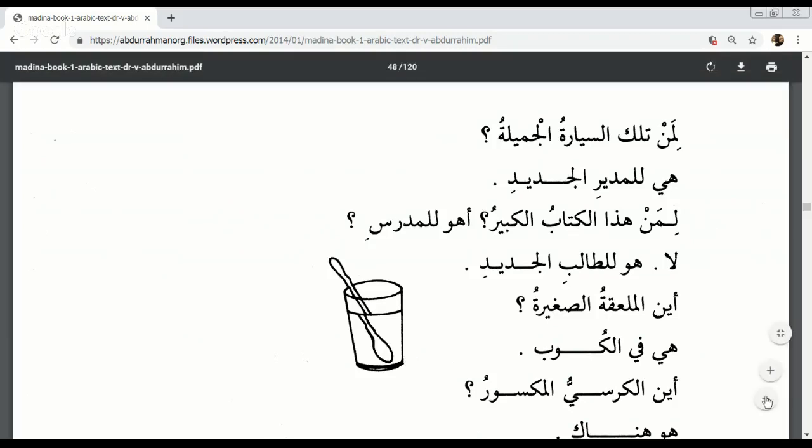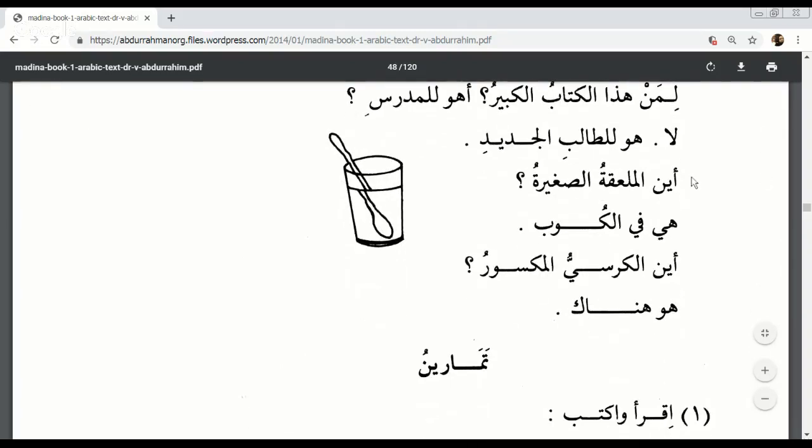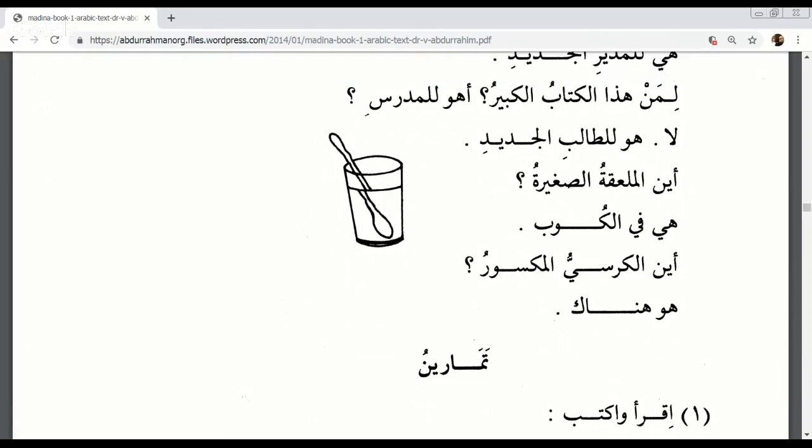Next line, please. أين الملعقة الصغيرة. Good.